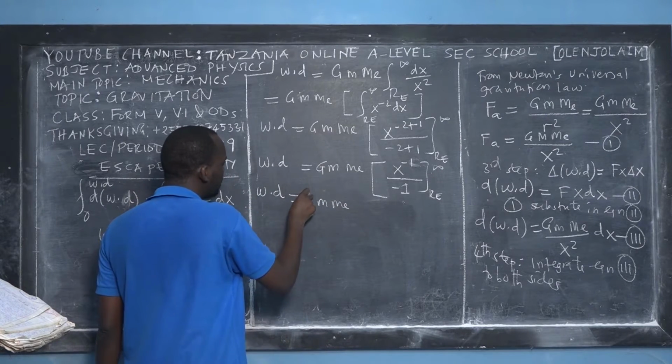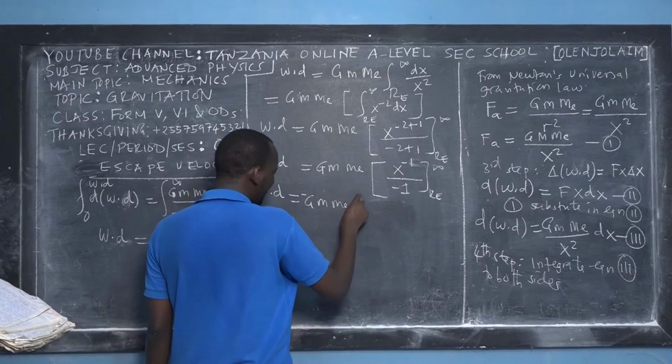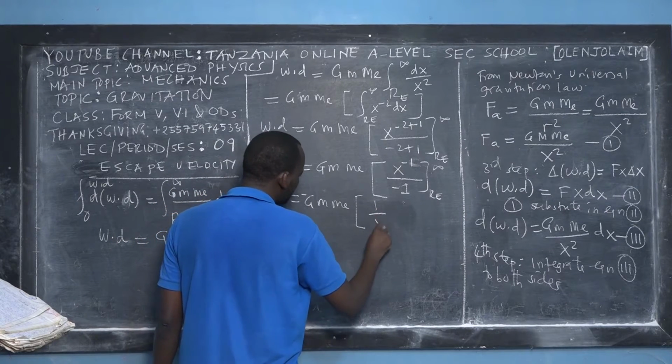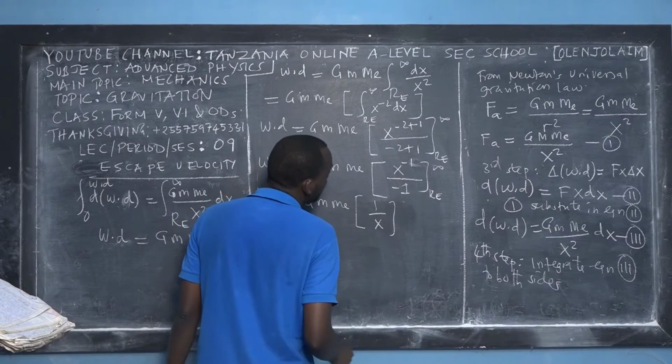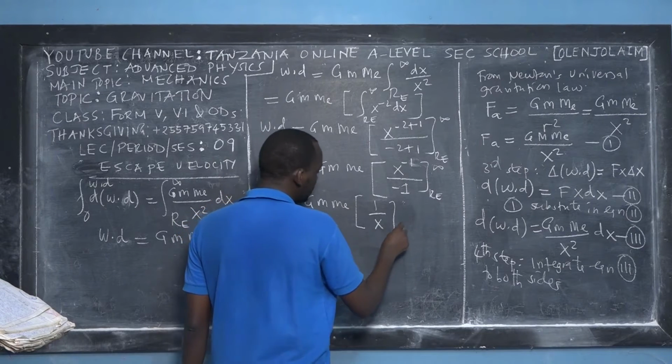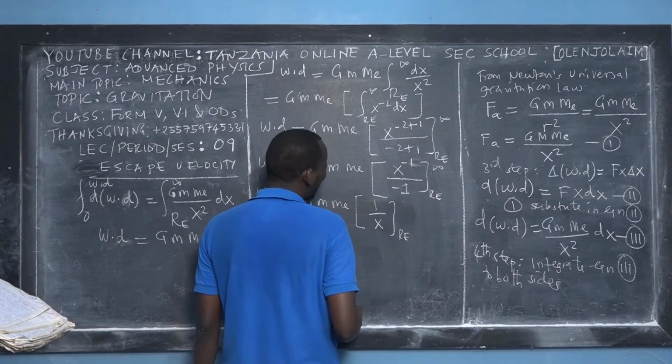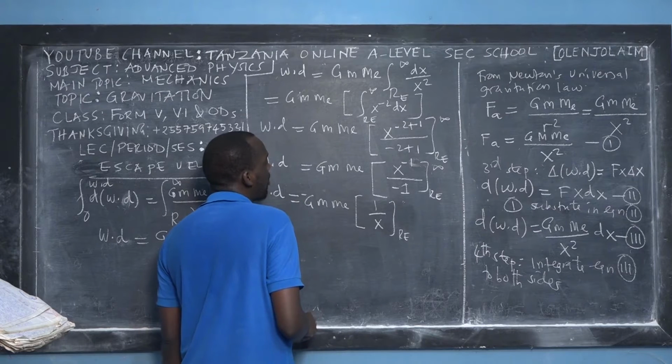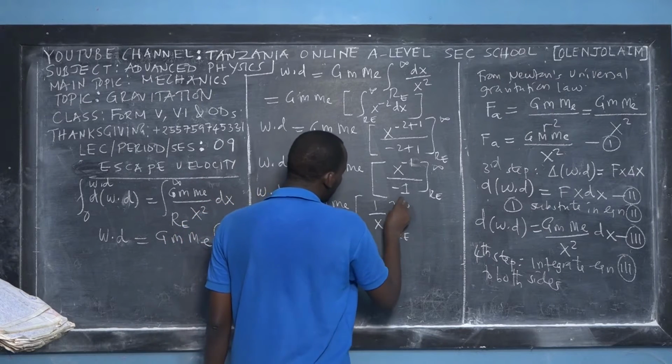So this is negative, and then here we have 1 over x, with RE here and infinity here.